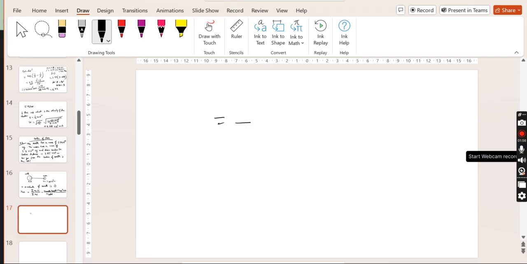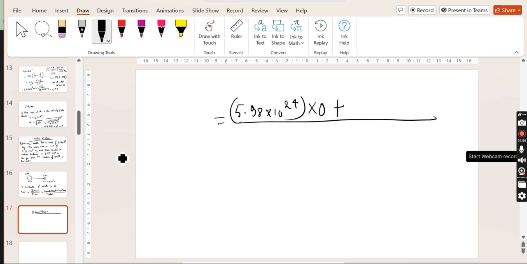So m earth we know is 5.98 into 10 to the power 24 into 0. So that will be 0 basically. And 7.35 into 10 to the power 22 into 3.85 into 10 to the power 8 meter.